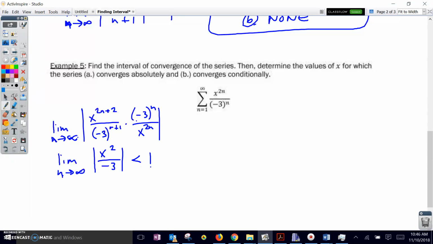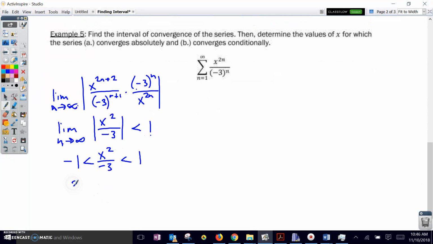And in order for this to converge, the absolute value of that has to be less than 1. So we've got -1 is less than x squared over -3, which is less than 1. Multiply all three parts by -3. Now this restriction right here is redundant.